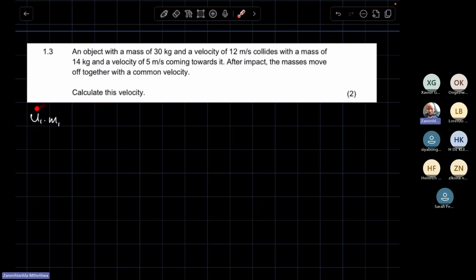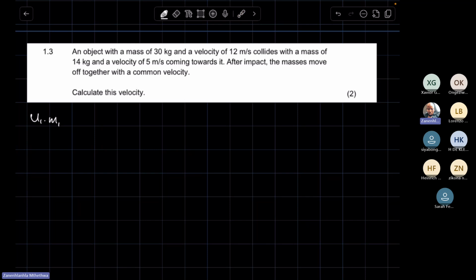Remember, momentum is equal to velocity times mass, because momentum is essentially a mass in motion. If you have a mass and it's in motion, you have momentum.